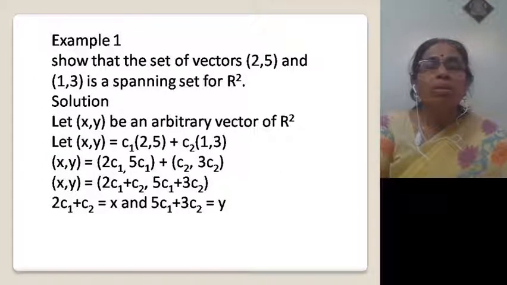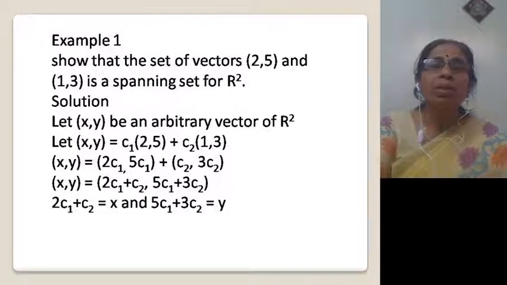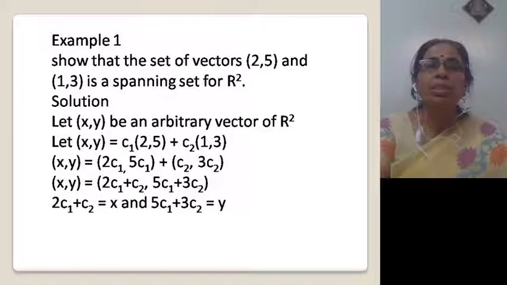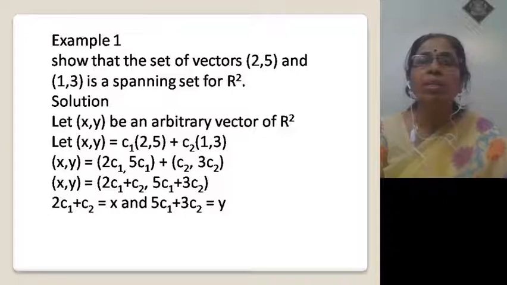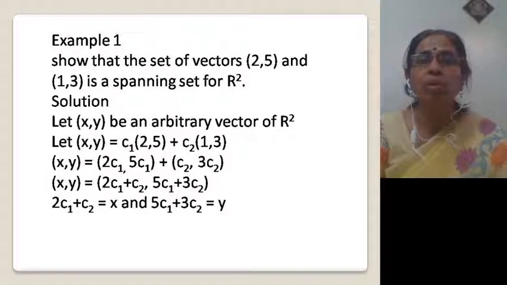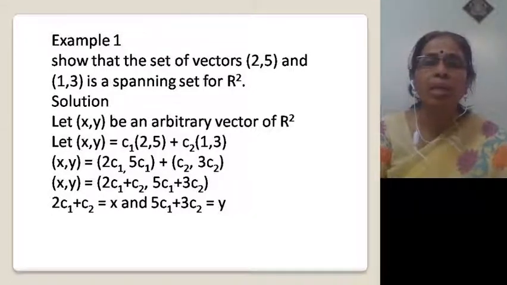So example number one on the spanning set. In this example, we have to show that the set of vectors 2, 5 and 1, 3 is a spanning set for R2. So here consider an arbitrary vector belonging to R2. Let x, y be an arbitrary vector of R2.